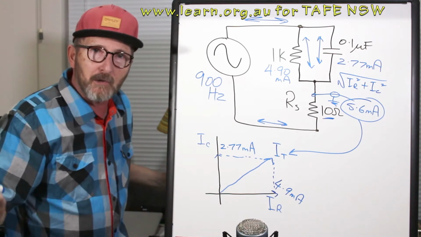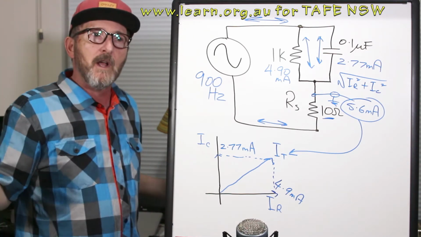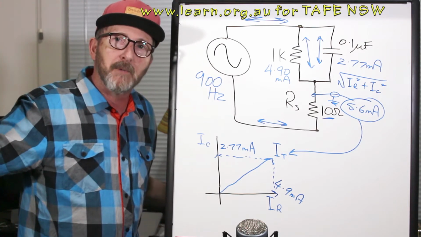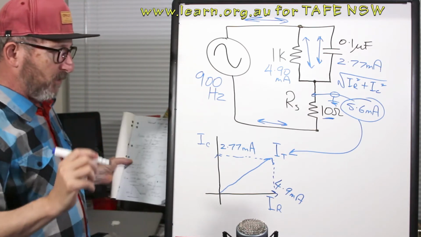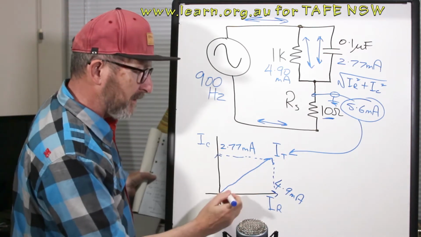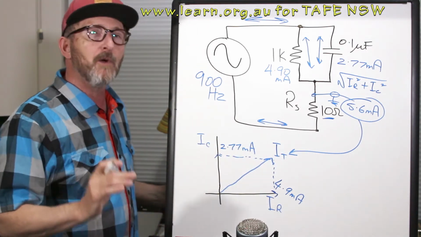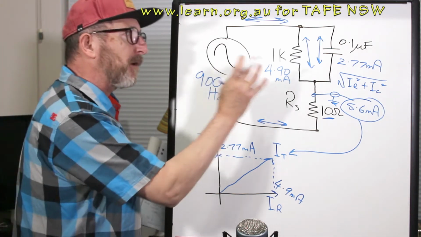Going great, and then somebody asked that amazing question: sir, how do we draw the impedance phasor diagram? So one gets the pen and goes, it's not that easy. We don't generally have an impedance phasor diagram for parallel circuits.